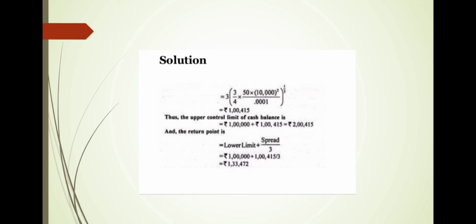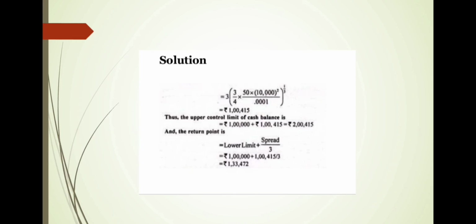Now in both of these problems you can see the word spread used. I'll give a little introduction on that spread. Spread between the control limits: the higher the variability in cash flows and transaction cost, the wider and higher the control limits will be.